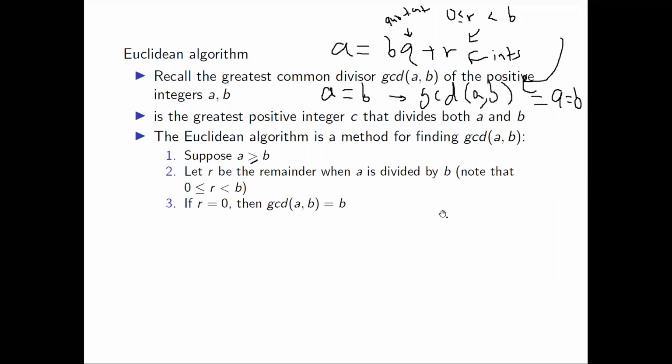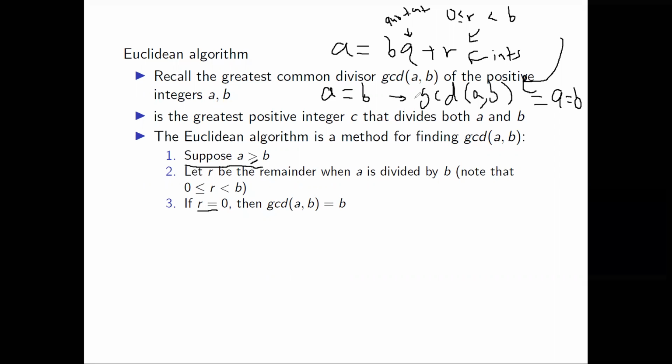And like I said, if there's no remainder, if a is a multiple of b, then our remainder will be 0. In that case, the greatest common divisor of a and b, assuming that a is at least b, which we have assumed in this top step, is just going to be b, because b is less than or equal to a, and a divided by b has remainder 0.